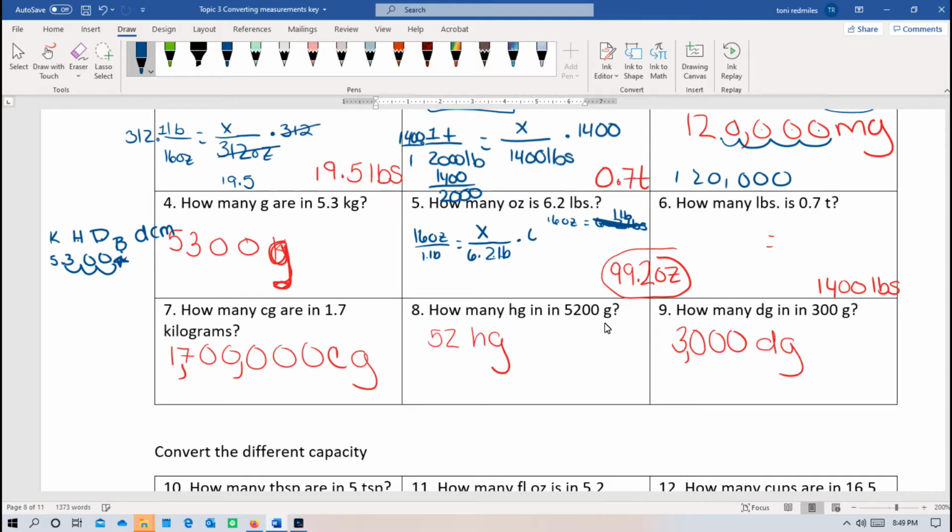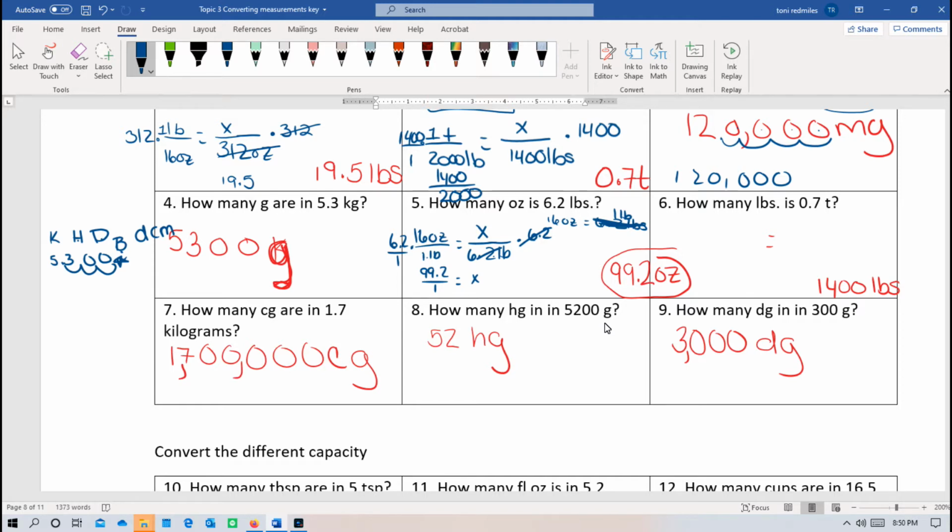All right, now I'm going to multiply both sides by that 6.2. Put it over 1 so I can multiply my fractions. 6.2 times 16 is going to give me 99.2 over 1. Well, anything over 1 is itself, so 99.2 ounces is the answer.